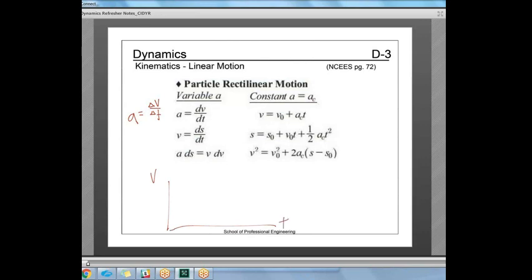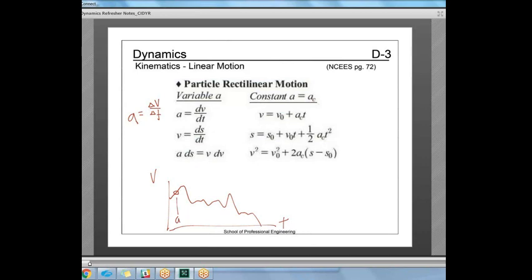So I've written A equals delta V over delta T. Let's draw a graph, and this turns out to be a very useful sort of graph, velocity versus time. And let's say we have a varying amount of acceleration, then our velocity could be changing over time.